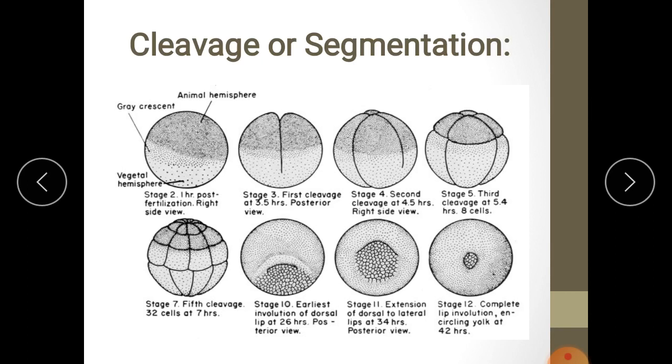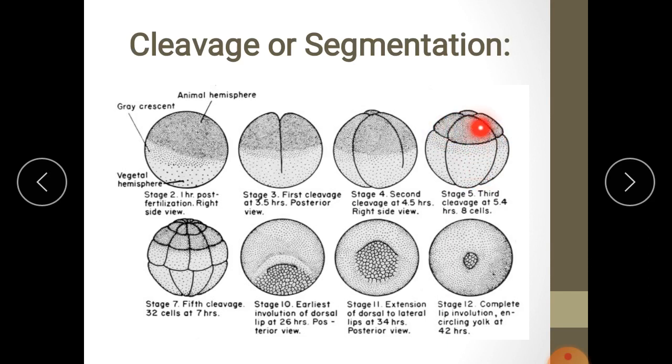Okay. Then third cleavage, look here. Third cleavage in frog egg is not meridional, it is latitudinal, just above the equator towards the animal pole region. As a result, two sets of blastomeres are formed.